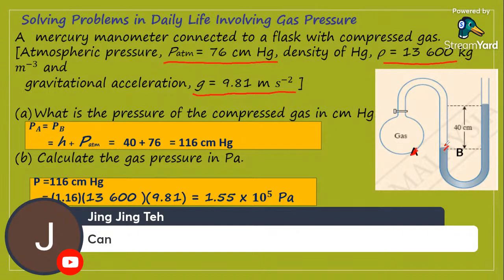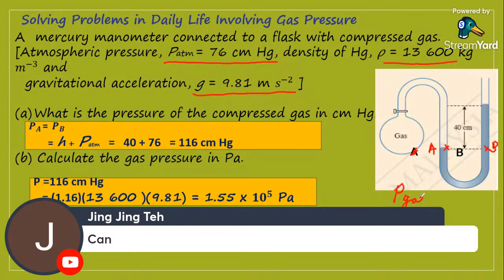Okay, so we apply the concept. Actually, A is here, and here is B. Same level, same liquid, same pressure. We apply the same concept. So what is the pressure of the gas?